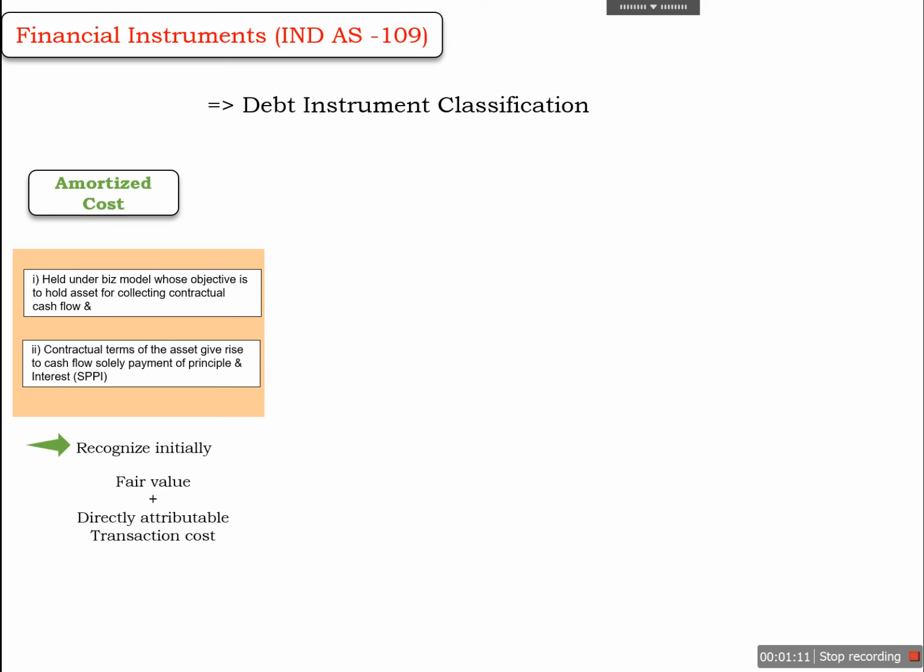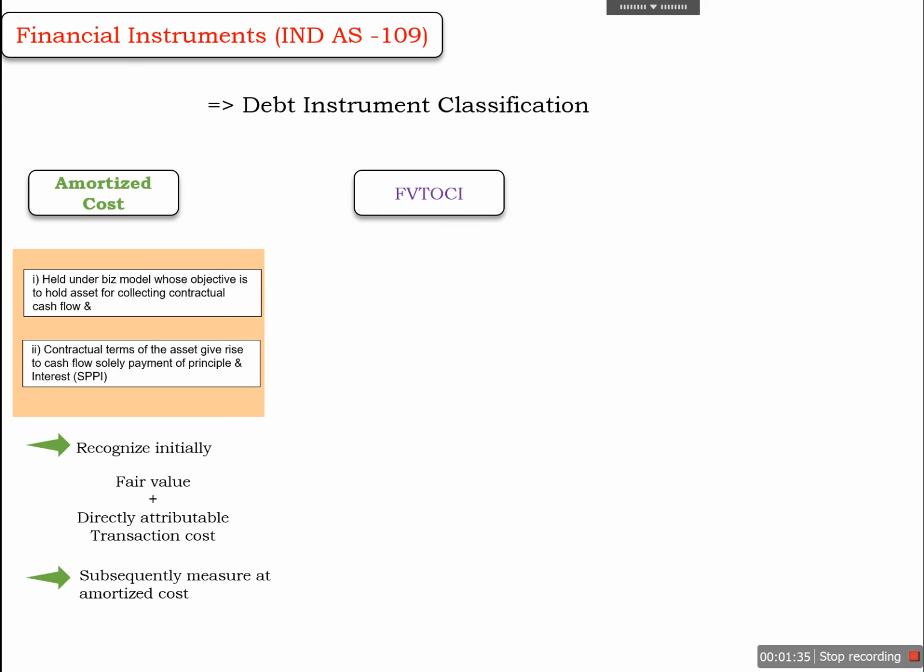In this case, at initial recognition, the debt instrument will be measured at fair value plus directly attributable transaction cost. At a later date, it will be measured at amortized cost.